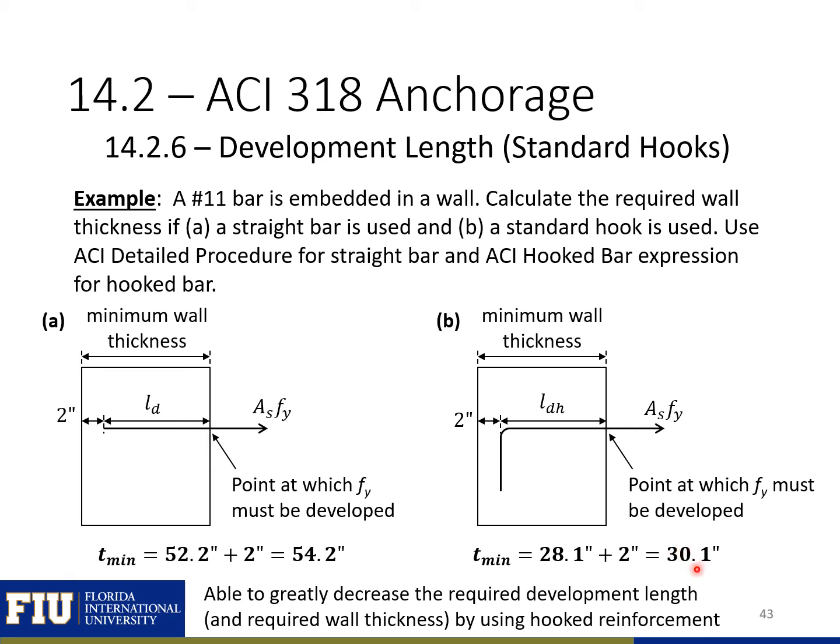But note that we would be able to decrease this even further, going from that psi factor of 1.6 to 1.0 if we did provide some confining reinforcement around the hook, either perpendicular or parallel to the bar being developed. So in summary, we're able to greatly decrease the required development length and the required wall thickness by using hooked reinforcement.